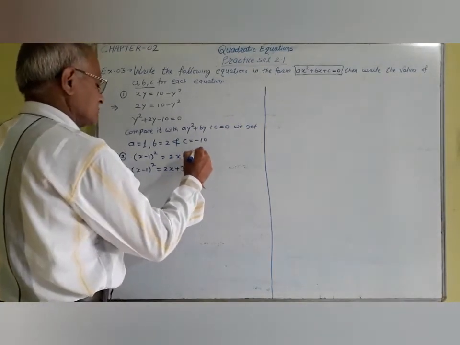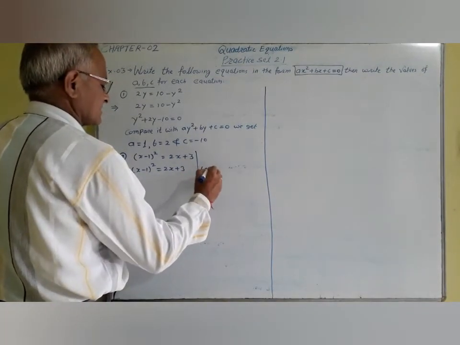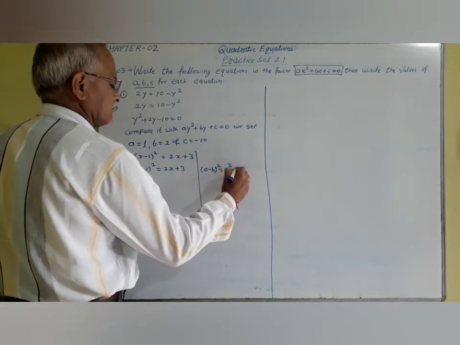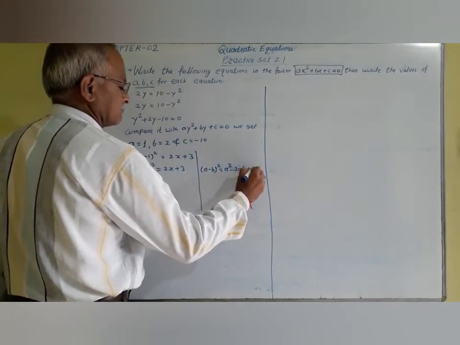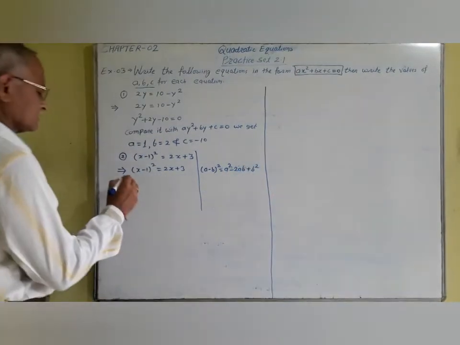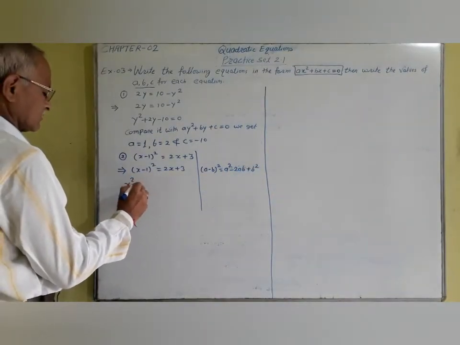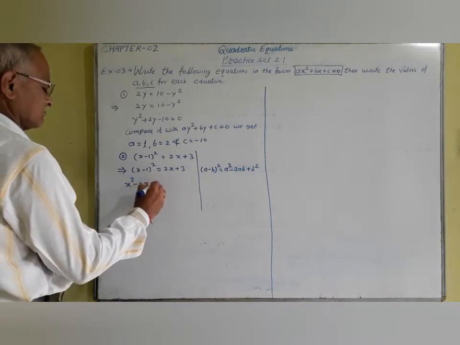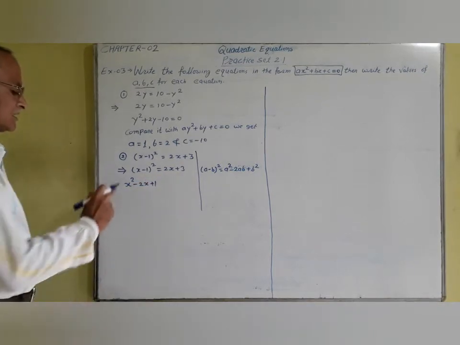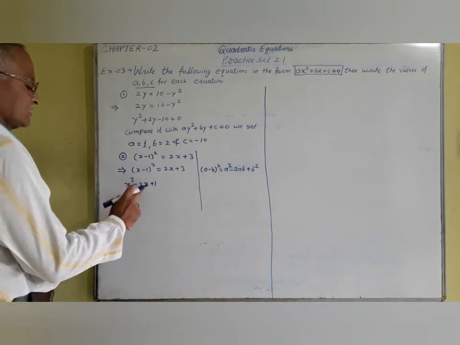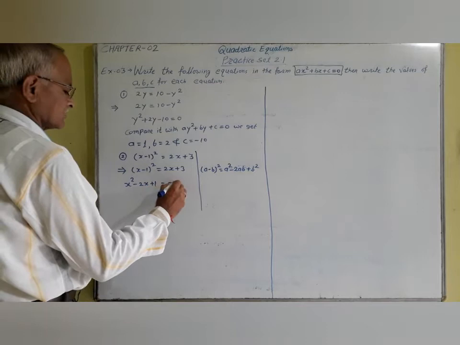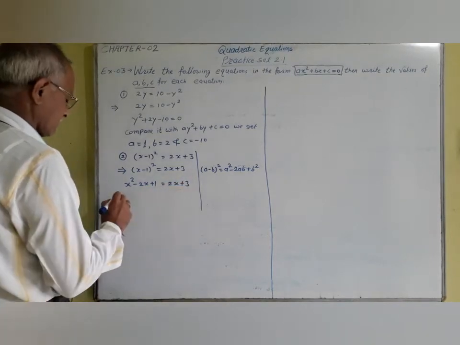For that we use the formula a minus b whole square is equal to a square minus twice ab plus b square. So therefore it is x square minus twice x plus 1, a square minus twice ab plus b square, is equal to twice x plus 3.